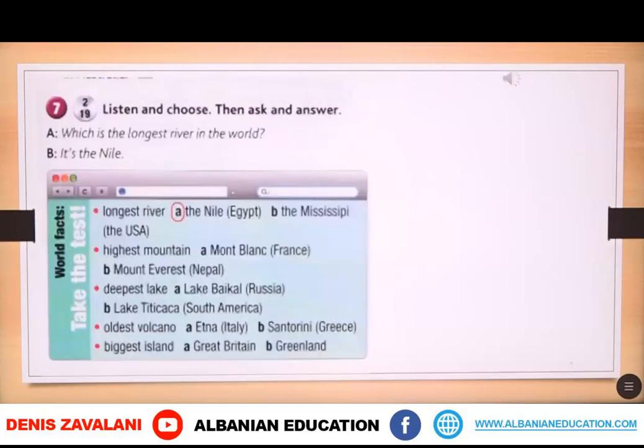Now there is a short quiz with a few questions, and you are going to pick which one you think is the right one. So it's a short test, right? Or world facts that probably you have already learned or heard. Which is the longest river in the world?